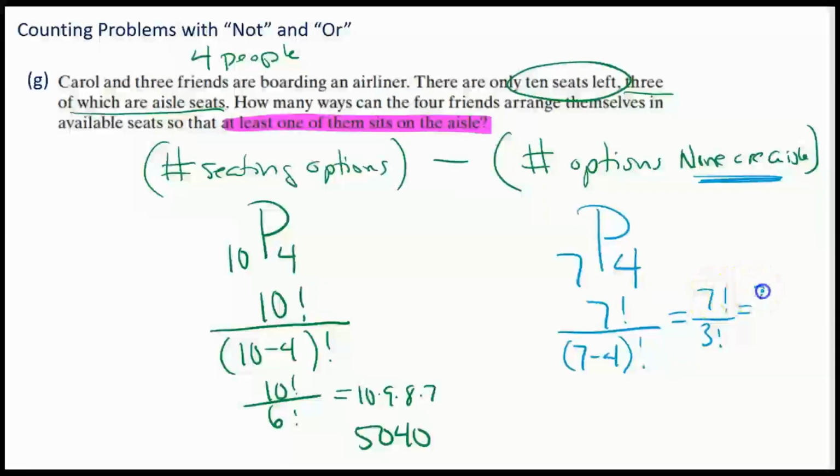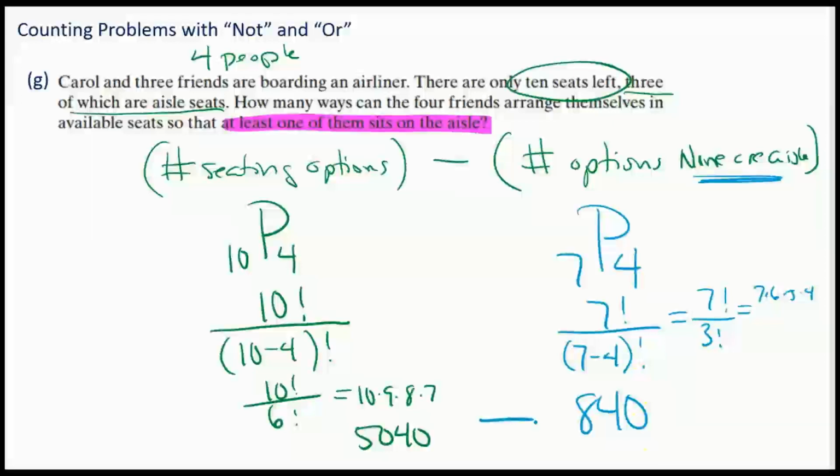You write down 7 times 6 times 5 times 4. The 3 factorials will cancel, and I'll type that in my calculator. 7 times 6 times 5 times 4, and that gives me 840. And those are the seating options we do not want, so we're going to subtract that out.